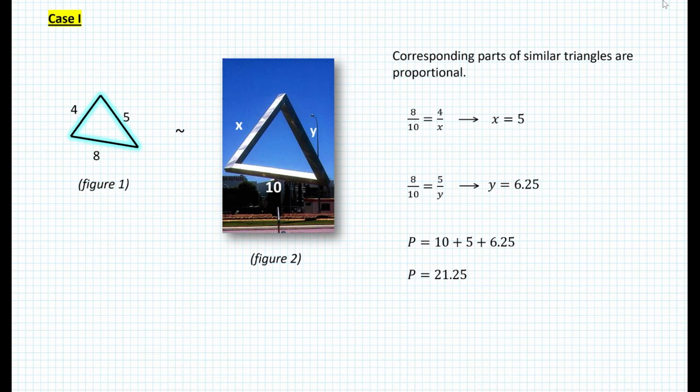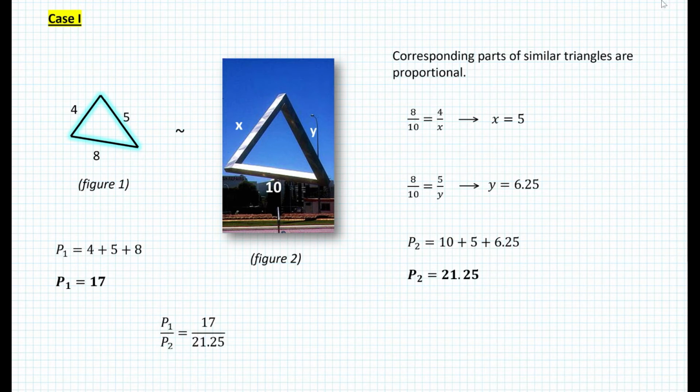Okay, so at this point, it would be interesting to compare the perimeter of the triangle in figure 2 with the perimeter of the triangle in figure 1. So what is the perimeter of the triangle in figure 1? It is simply 17. So now we have both of these perimeters. How do these perimeters compare?